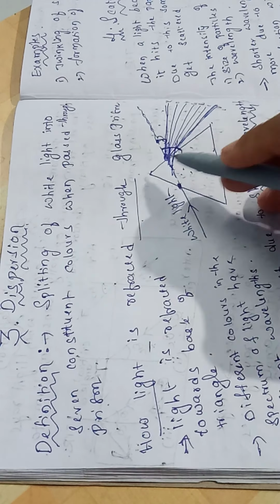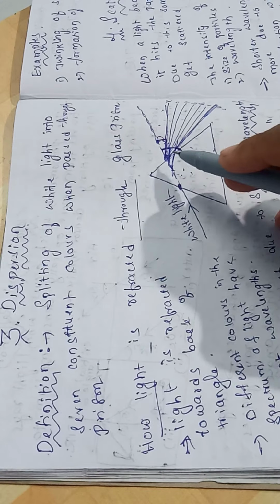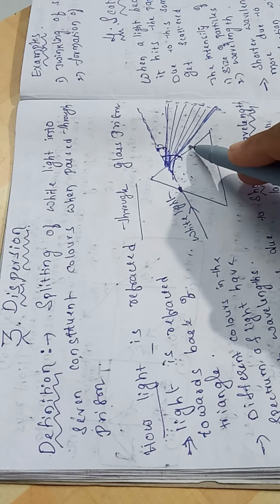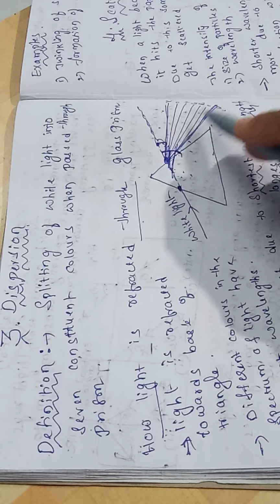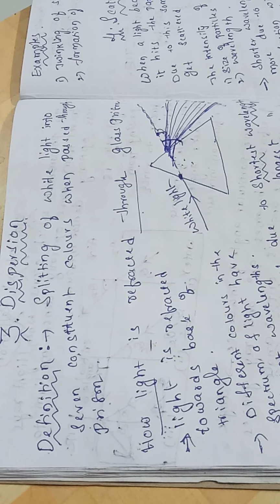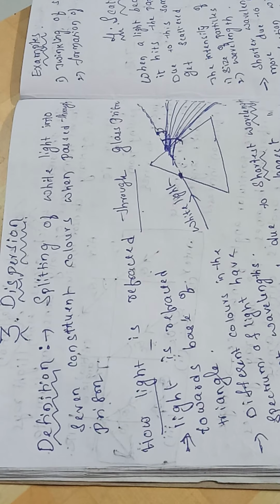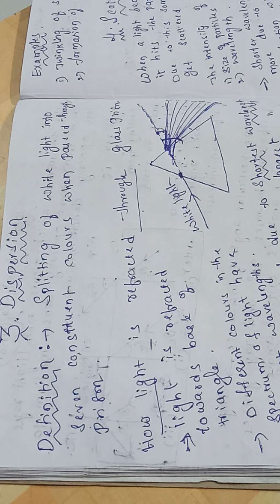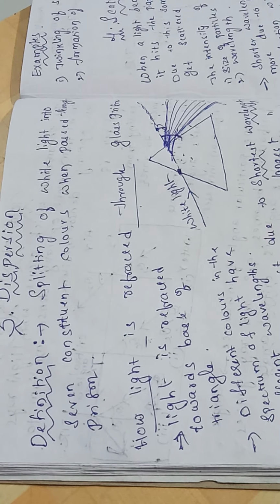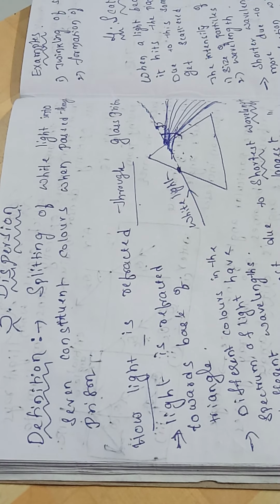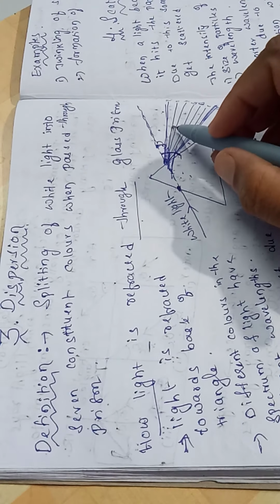So each light is incident at its own position and comes out. Here we think that both surfaces are parallel to each other, so dispersion must not happen, but actually the surfaces are not parallel. As they are not parallel, finally the path will be different for different rays.